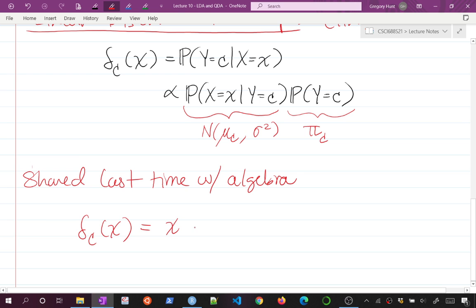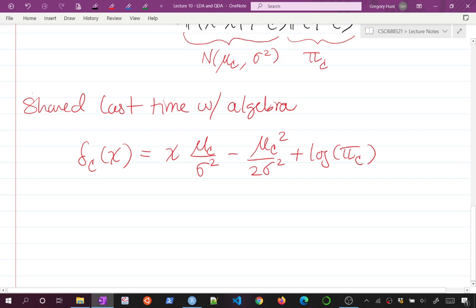It's going to be x times mu_c over sigma squared, and this is just a simple transformation, minus mu_c squared over 2 sigma squared, plus log pi_c. We said that therefore this thing is linear, because you could view this as some beta and this as some intercept beta naught. Of course, we'll index it by the class, so we'll add a little class there.